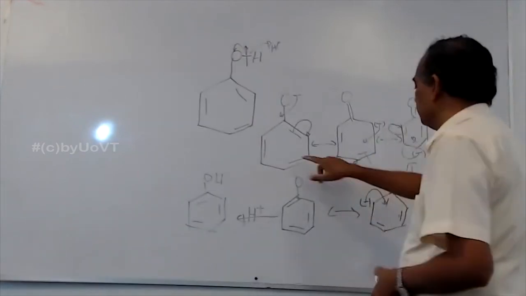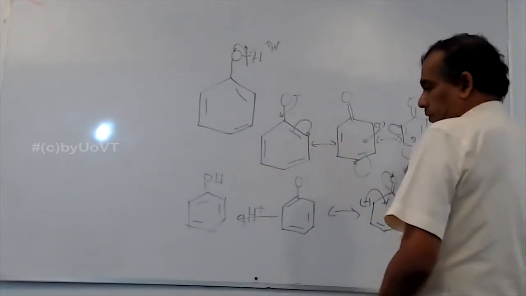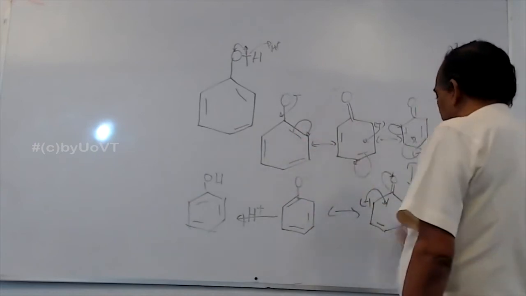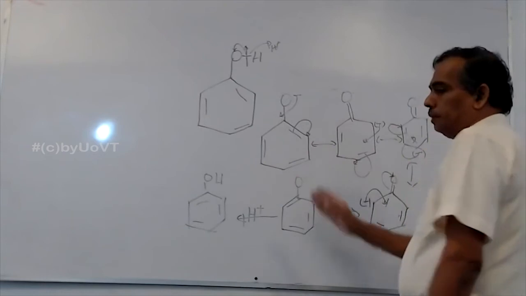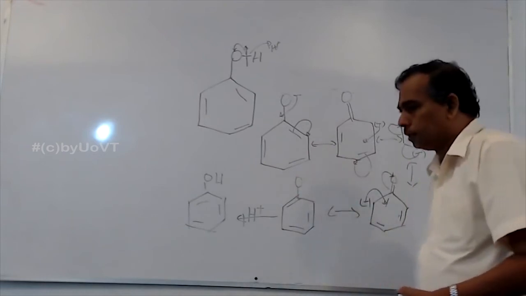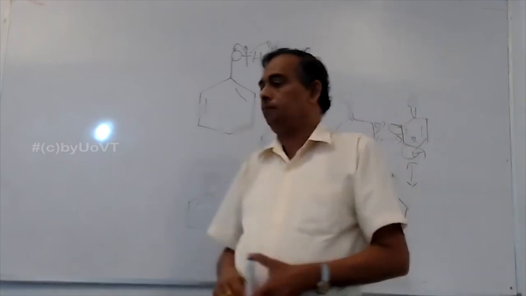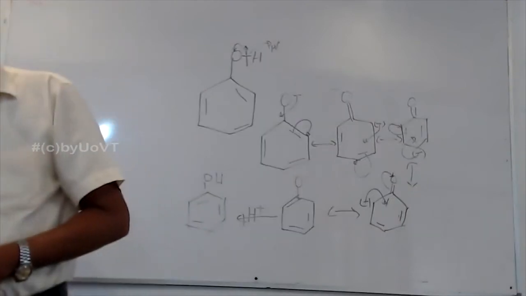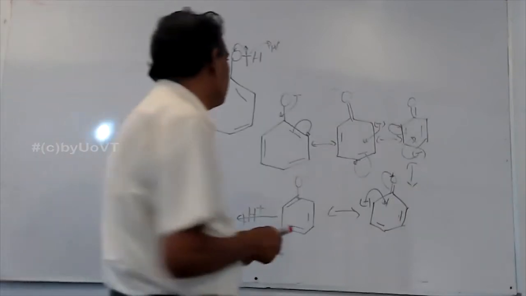What are these structures, from the phenate ion up to this level? What is the name for these structures? I think you know the name in our own language, but the technical term for these structures is resonance structures.